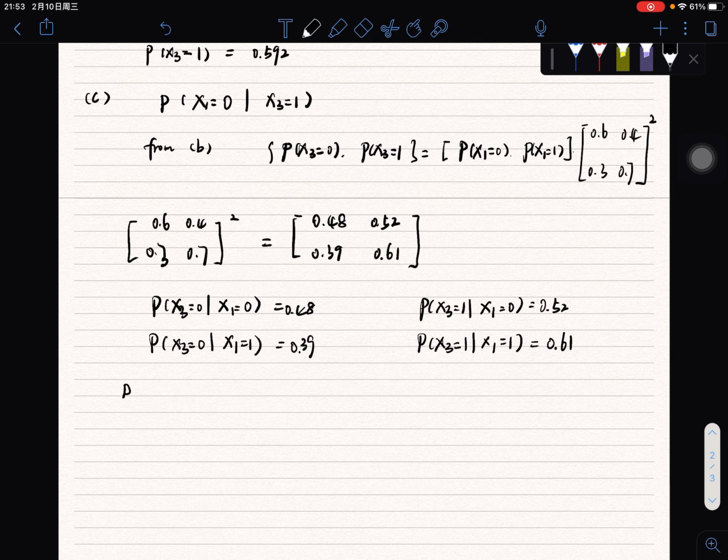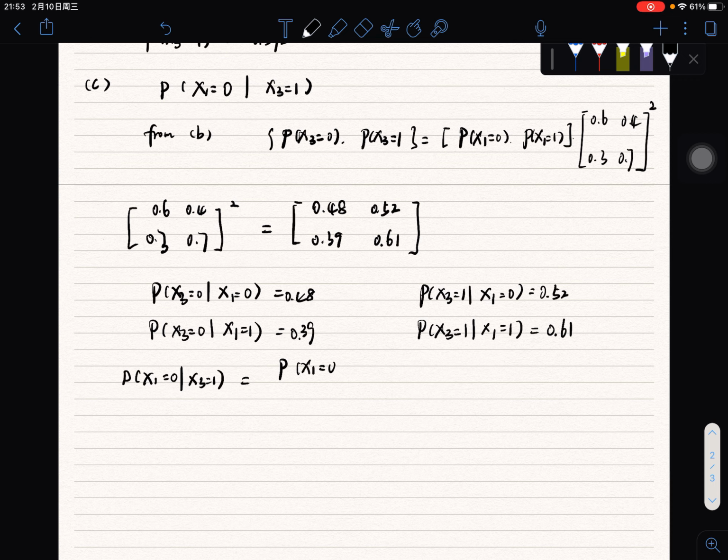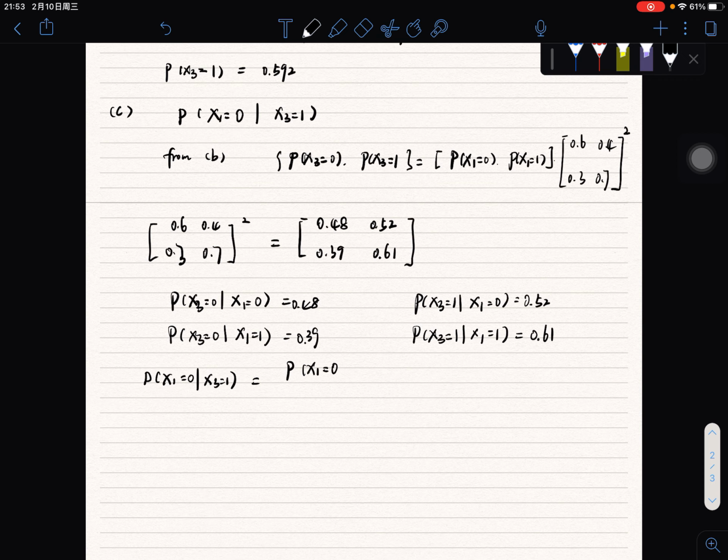And we can calculate the probability of x1 equals 0 under the condition of x3 equals 1. It is the probability of x1 equals 0 and x3 equals 1, divided by the probability of x3 equals 1.